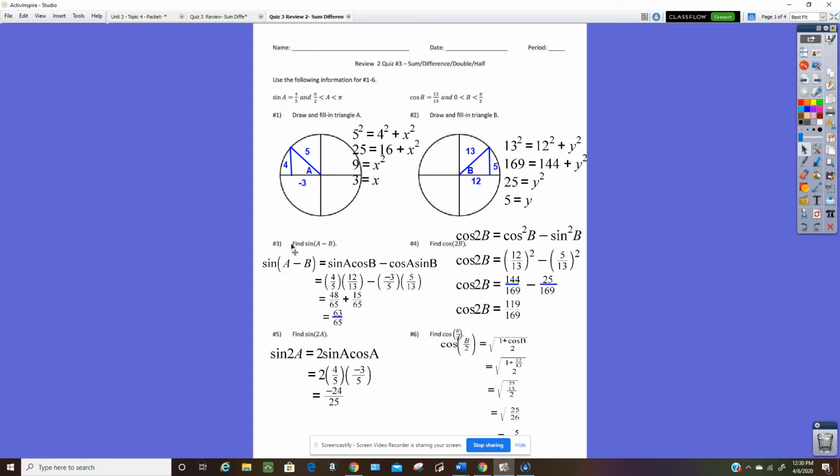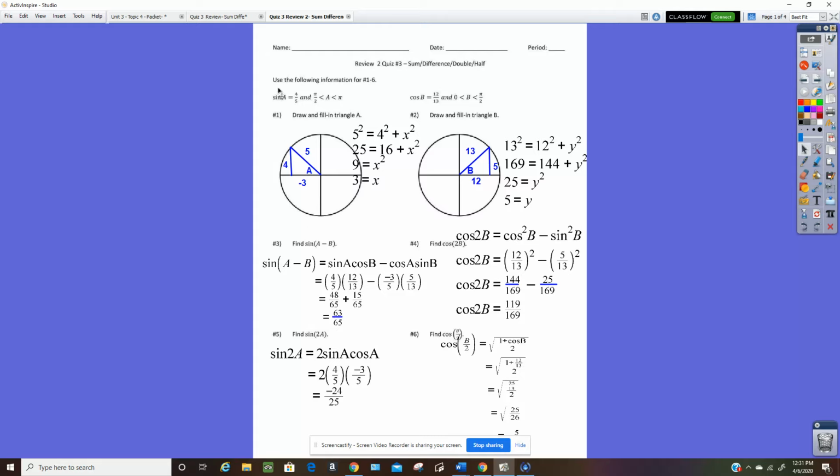And then sine of A minus B, you're just going to look at your identity sheet and see that sine of A minus B is equal to sine of A cosine of B minus cosine A sine of B. And then you pick off the sine of A. So here's A, the opposite is 4, and the hypotenuse is 5.